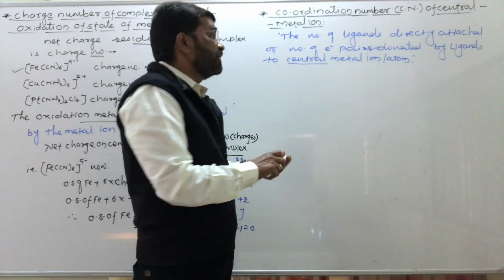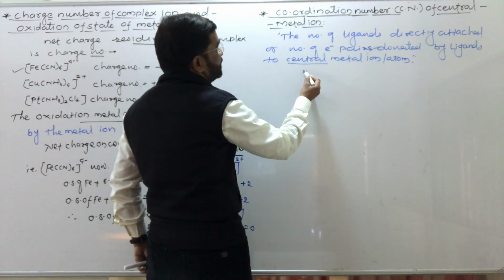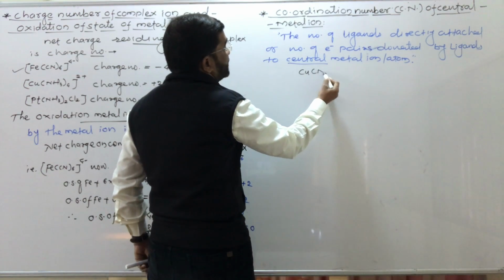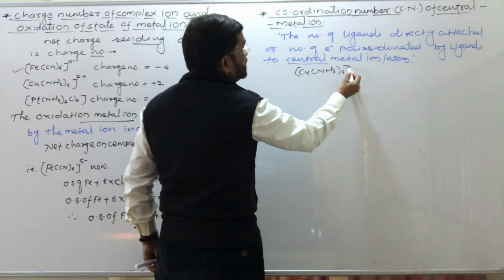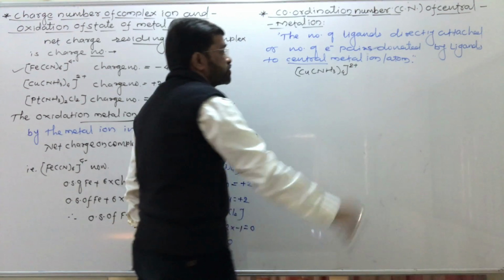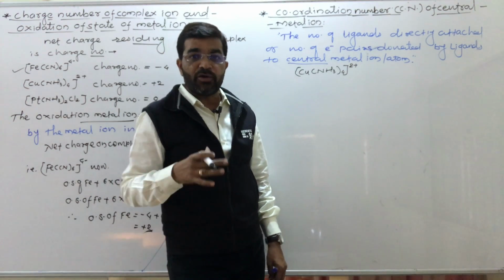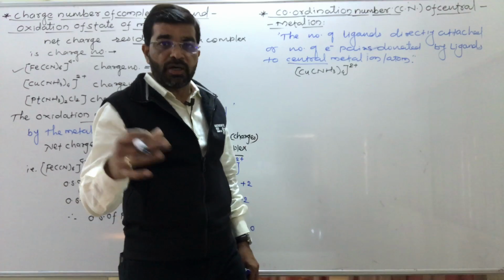Okay, here take this example, that is Cu, here NH3 by 4, here charge on this complex is +2. Now we have to find out the coordination number.